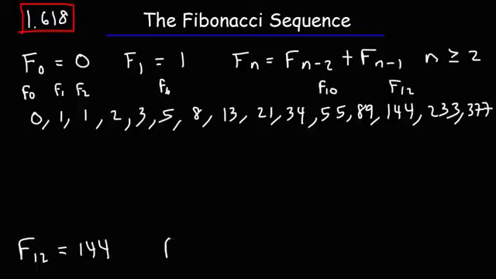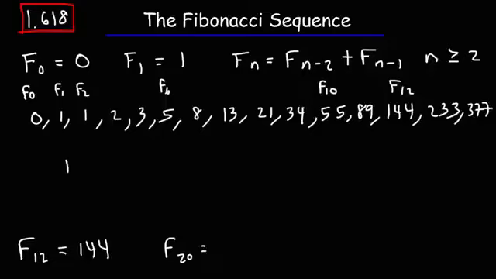Knowing that, what is the value of f sub 20? How can you estimate f sub 20, or even calculate the exact value, instead of just adding numbers in a sequence? Well, keep in mind, when n is very large, the Fibonacci sequence approaches a geometric sequence.